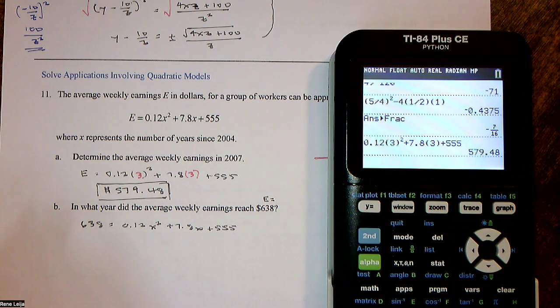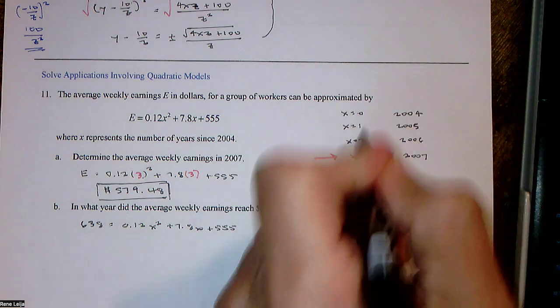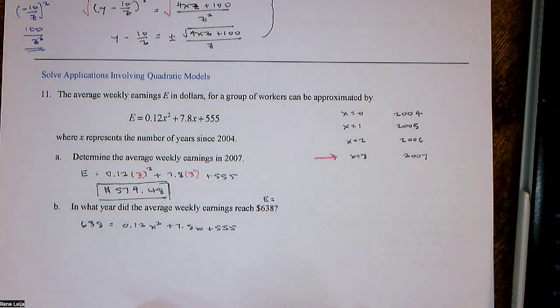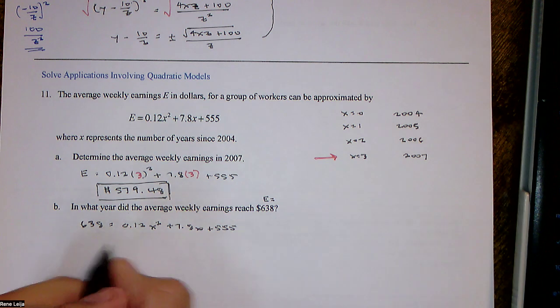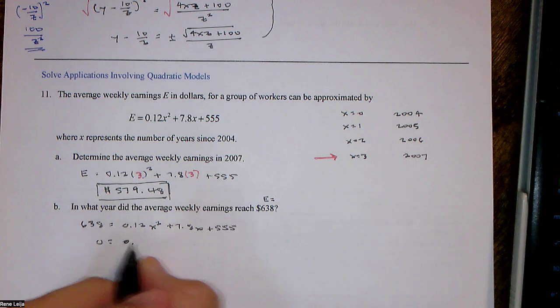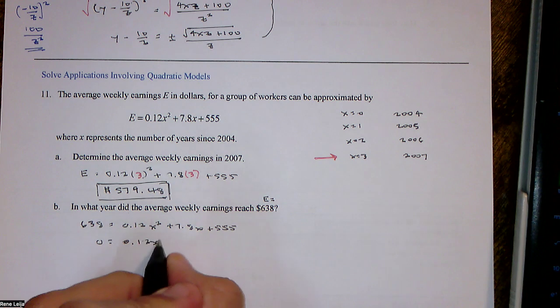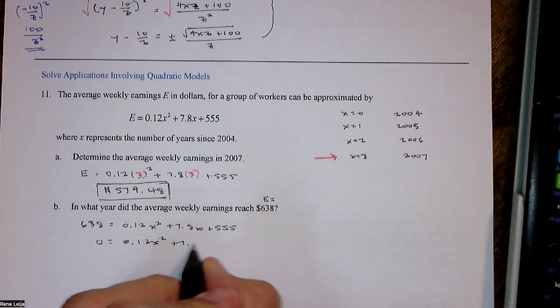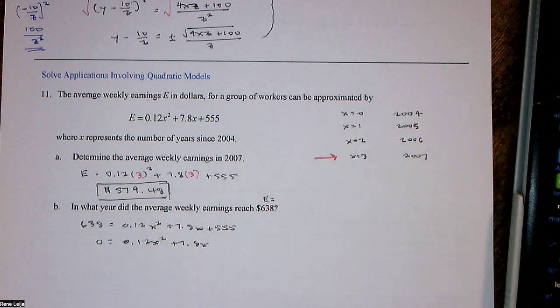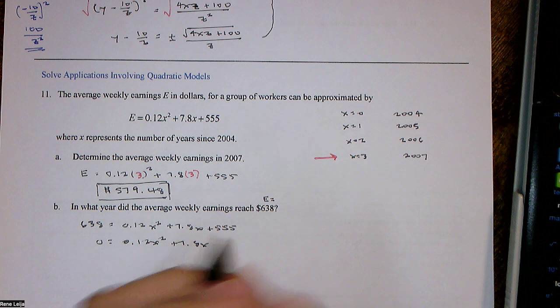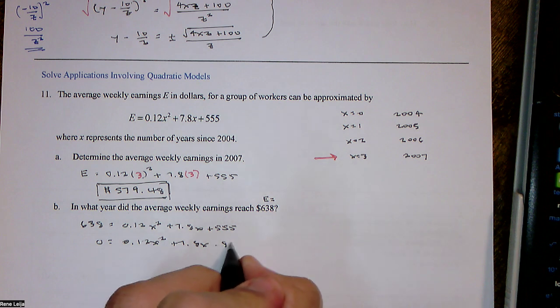So that means I have to solve for x. They want to know in what year, so I have to find x so that I can determine the year. So I have to set this equal to 0. And so this is going to be 555 minus 638, which is negative 83.